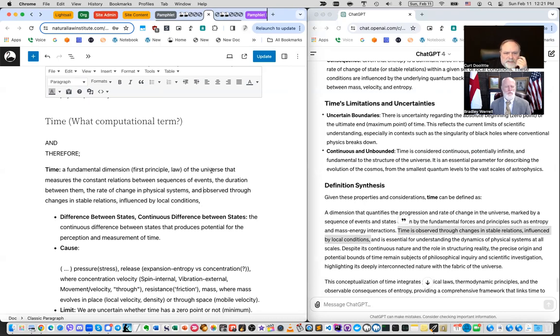I don't think that's right. I just want to see if I can fit "observed" in here. I would make it the rate of change of changes in physical systems, observed.